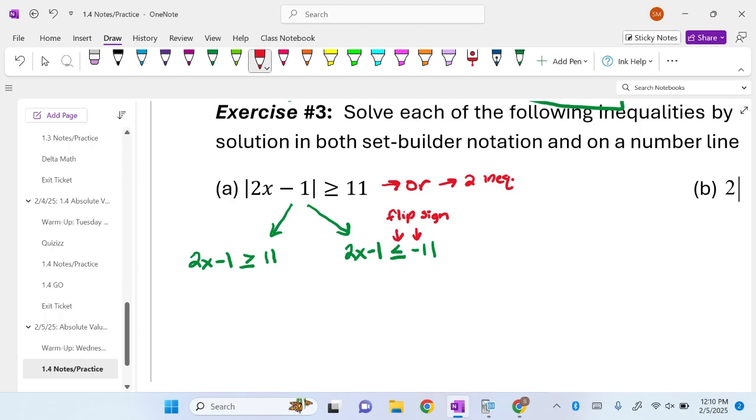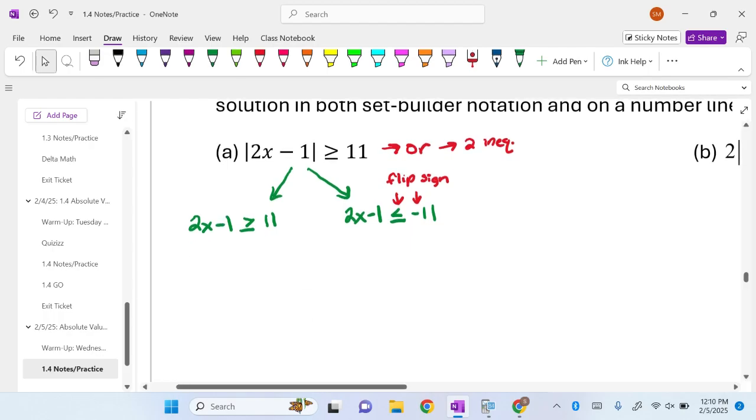Your first equation is just the exact same equation without the absolute value symbol. Your second equation, you still have the same 2x minus 1, but you flip the sign of the inequality and flip the sign of your answer. Does that make sense? And then we just solve them separately. They're essentially the exact same process, but you'll end up with different numbers.